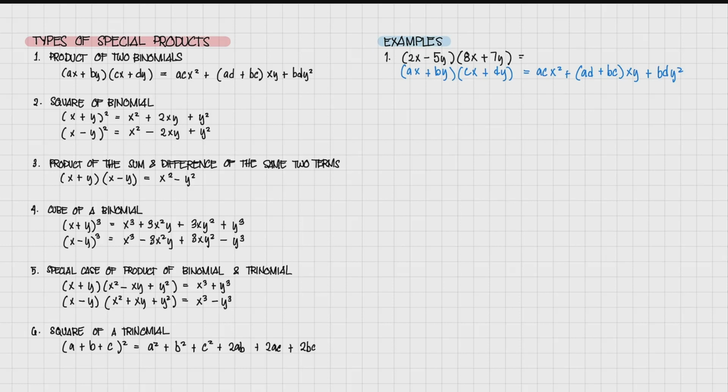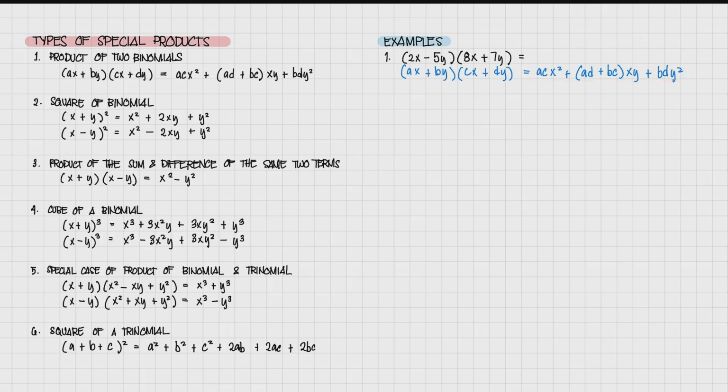So let's try it. 2x minus 5y times the quantity 8x plus 7y. So 2 is A, negative 5 is B, 8 is C, 7 is D. We're just going to apply these values to our formula.